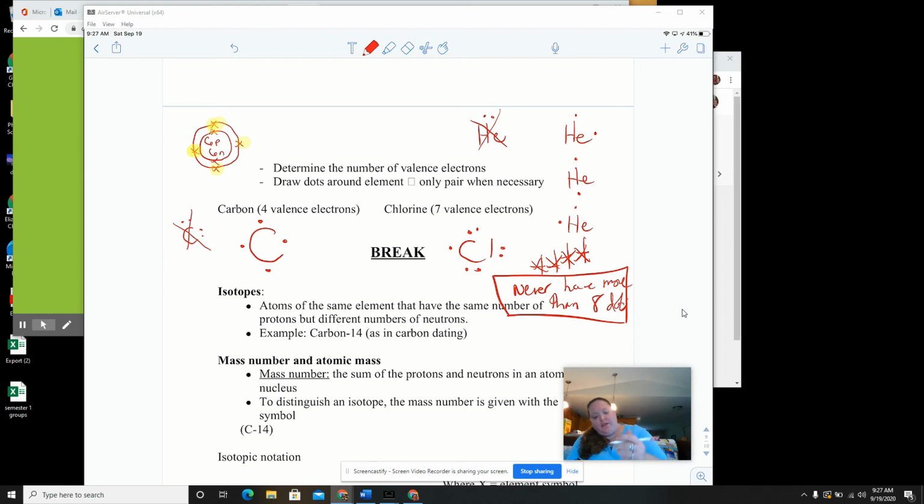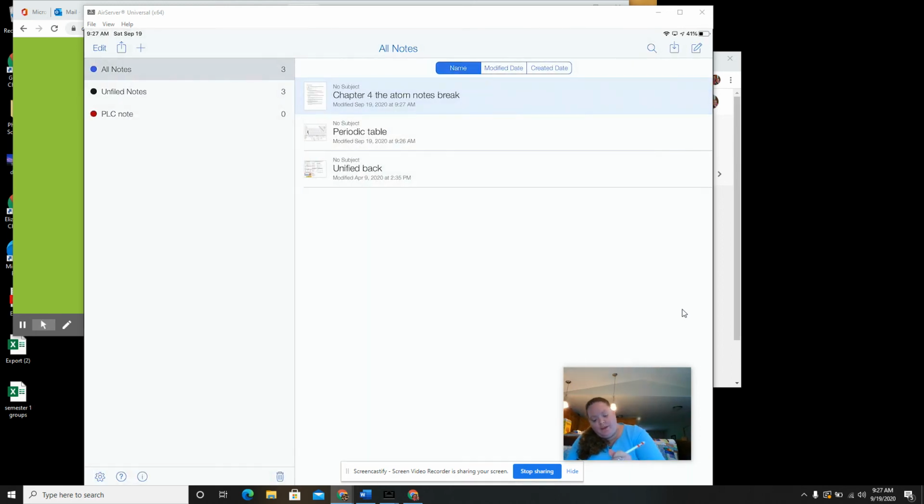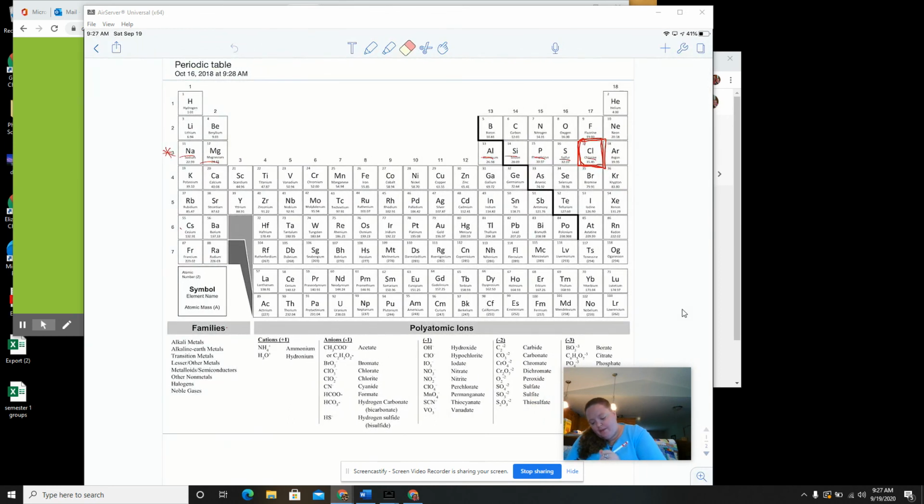Now there's an easy way to figure out how many valence electrons you are going to have on your Lewis dot structure, okay? And it's on the periodic table, and it's super easy. This very first column has 1 valence electron.